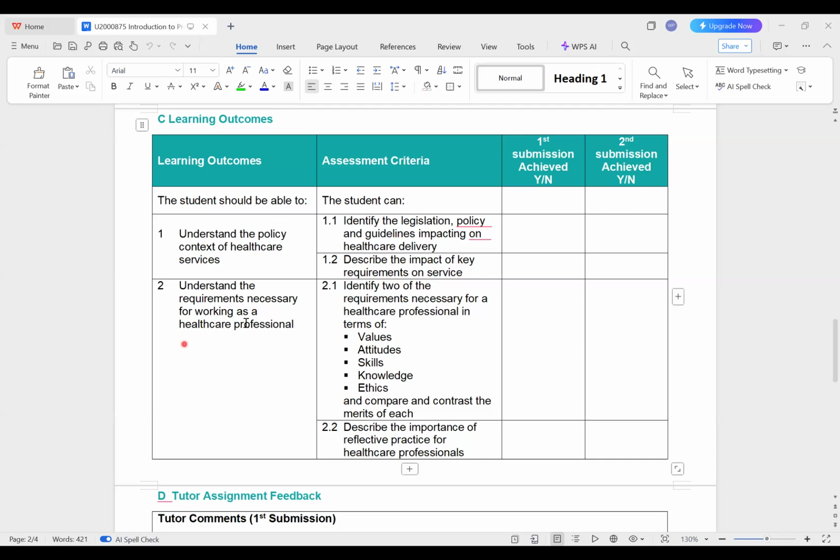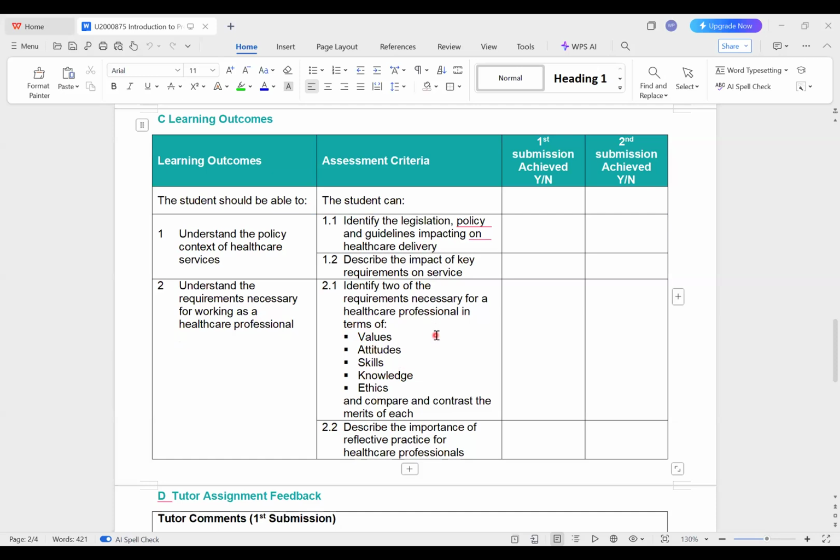And the second learning outcome is to understand the requirements necessary for working as a healthcare professional. Here you would identify two of the requirements that are necessary for a healthcare professional, in terms of values, attitudes, skills, knowledge, and ethics.